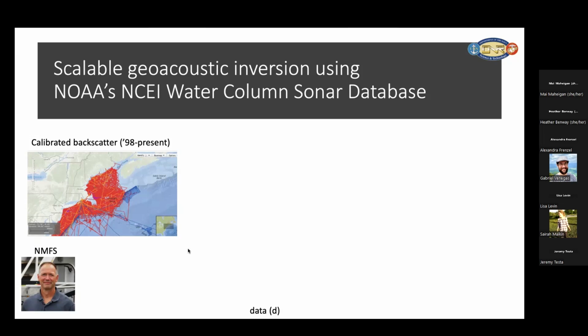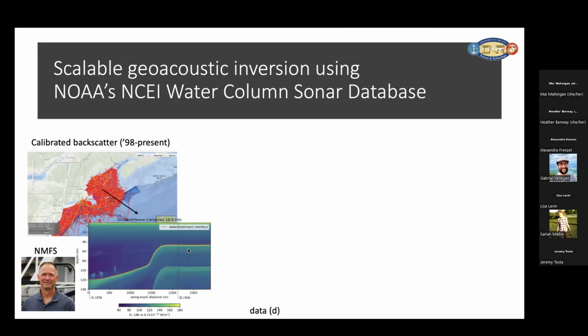So this in red is the Northeast Continental Shelf since 1998. They go out multiple times a year. Every cruise they collect like, I don't know, 50,000 pings. And they do that for the last couple of decades. And it's just this massive database. And no one is looking at the bottom maps except us.